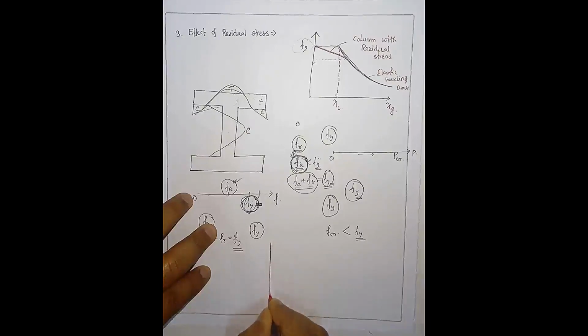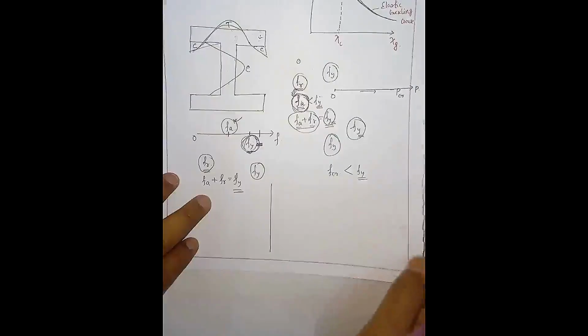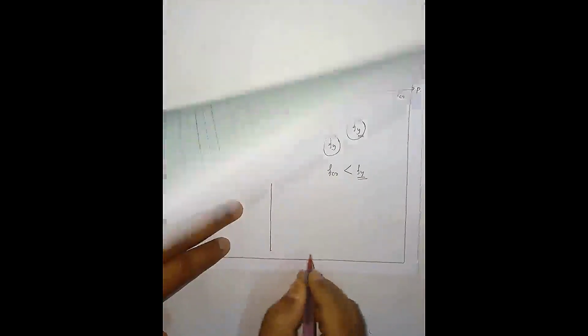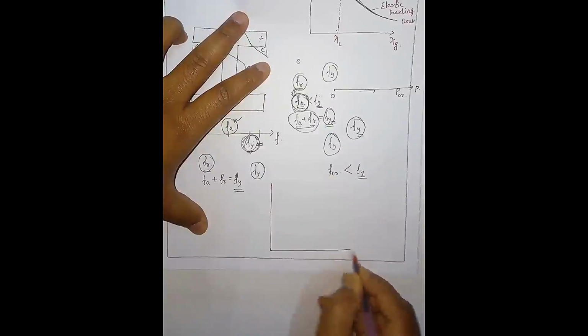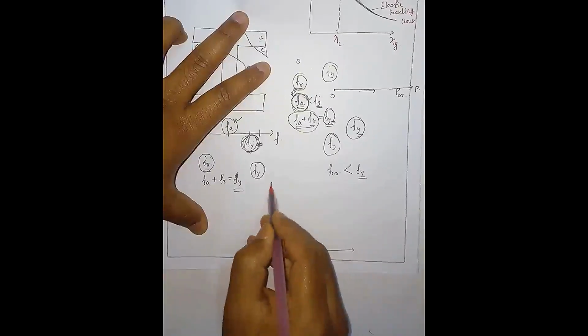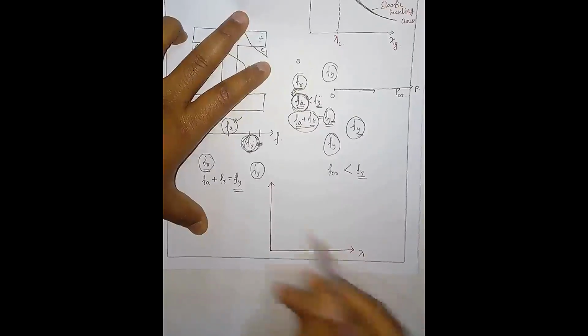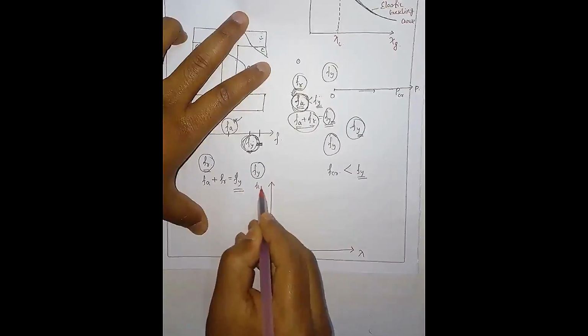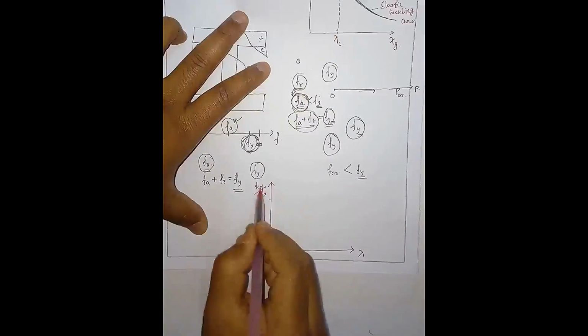On this axis is lambda, on this axis is fcd by fy, and suppose this is fy.